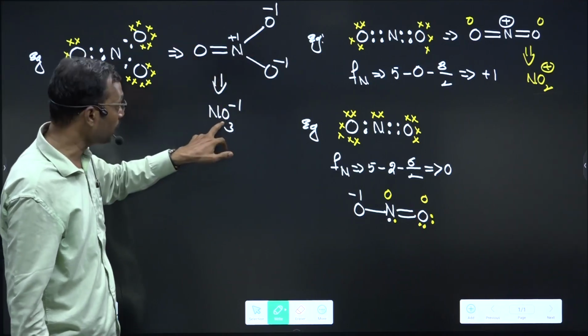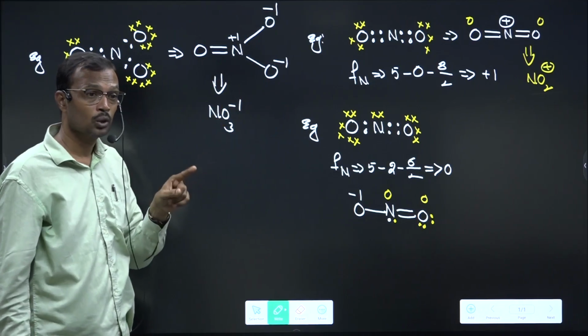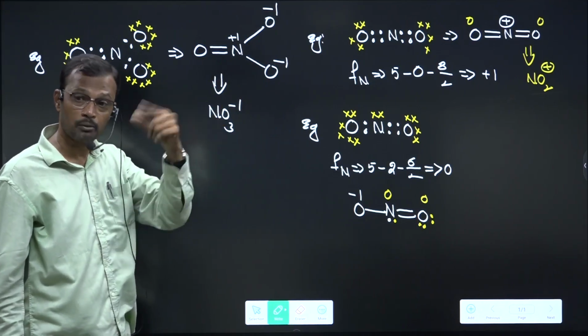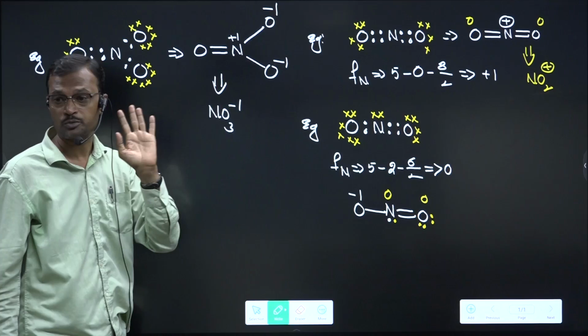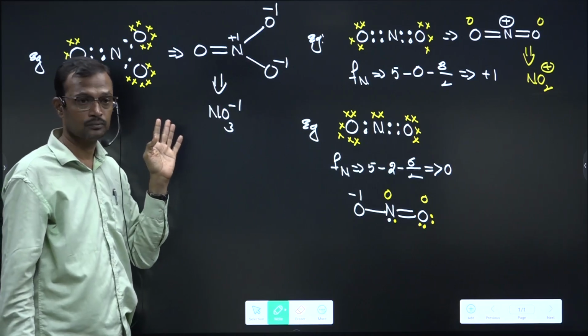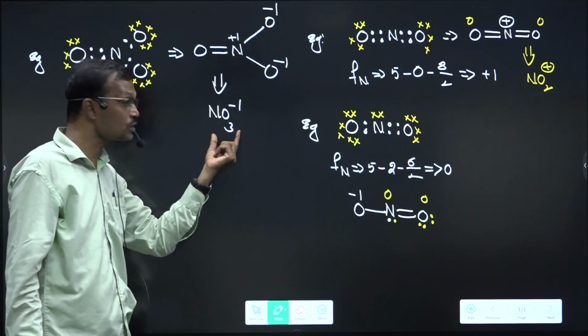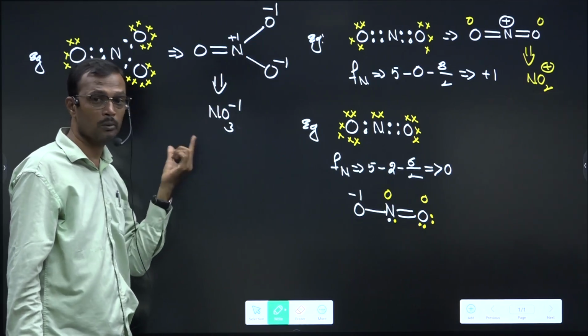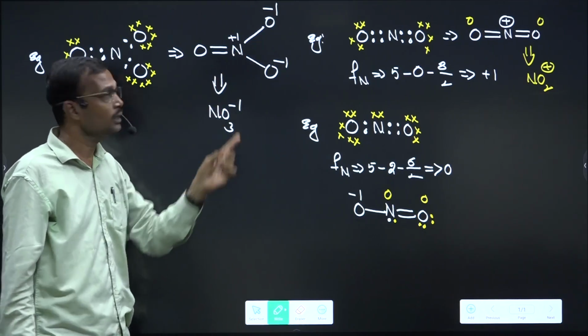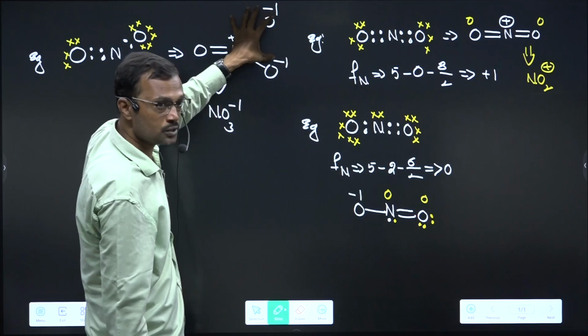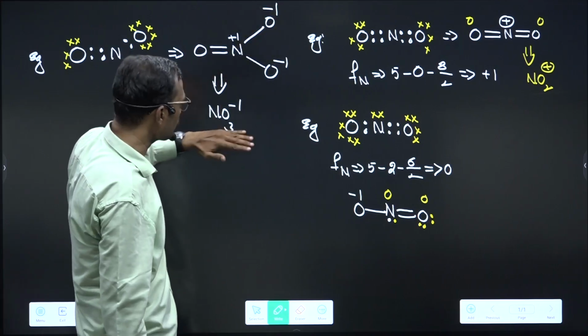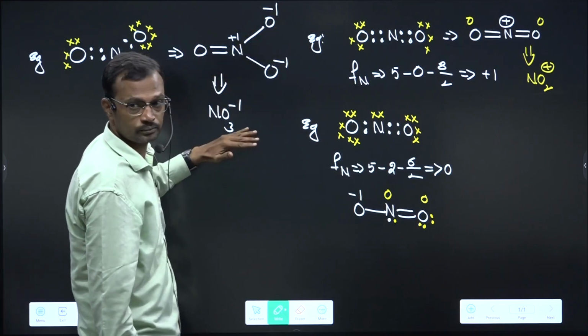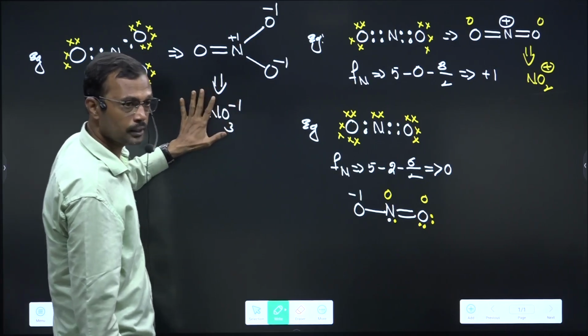But normally if I write NO3 -1, what will you think? Only one oxygen carries -1. That is a wrong assumption. It is a real structure, while the other is a condensed structure. Don't remember condensed structures. If you know Lewis dot, then you will write the accurate structure with proper charges. Then by balancing the charges, you will write the overall charge. Is it clear?